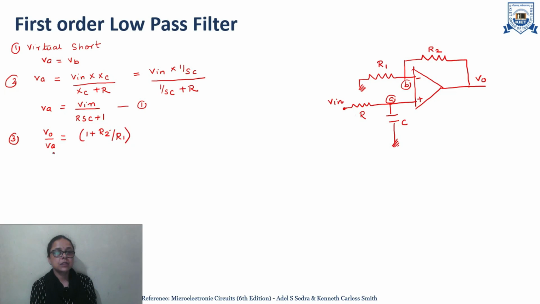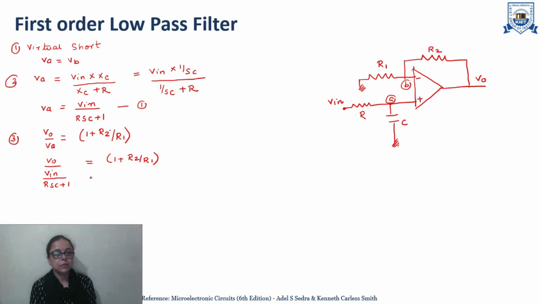Now, in this equation we will put the value of VA from equation 1. So, VO upon VA is V in divided by RSC plus 1, it will be 1 plus R2 by R1.